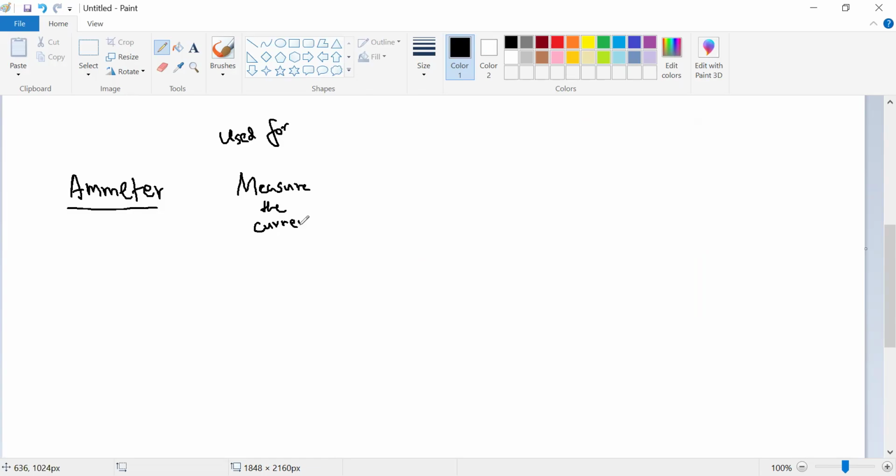So how is this instrument connected? You can write: always connected in series form.